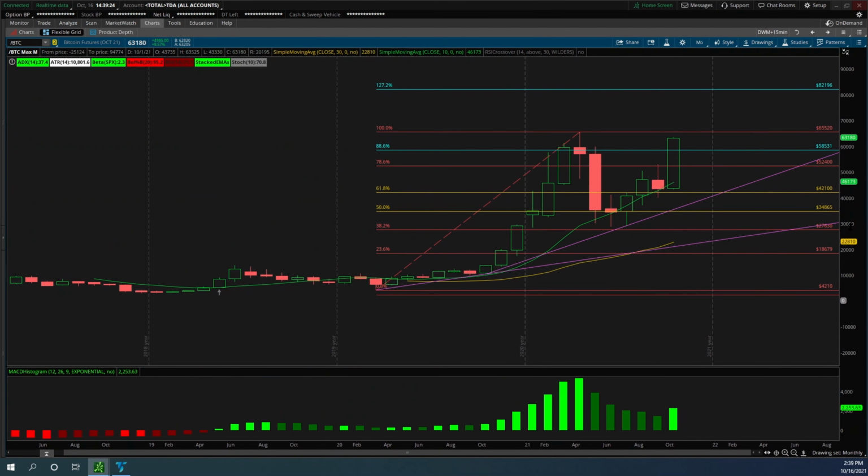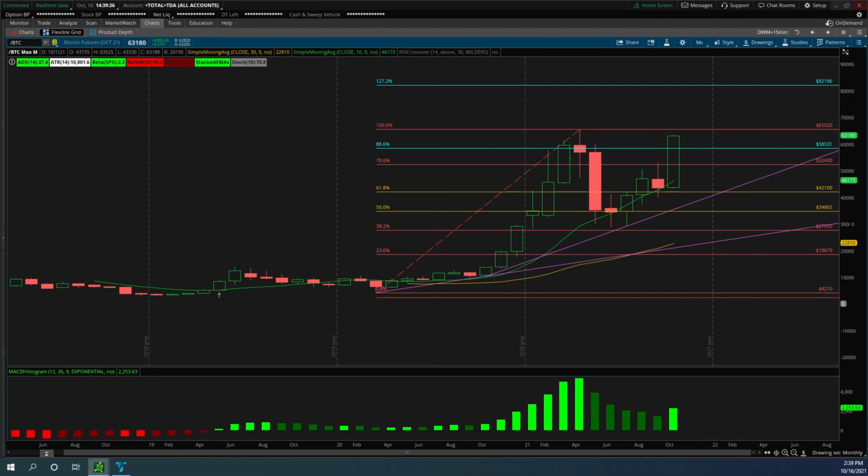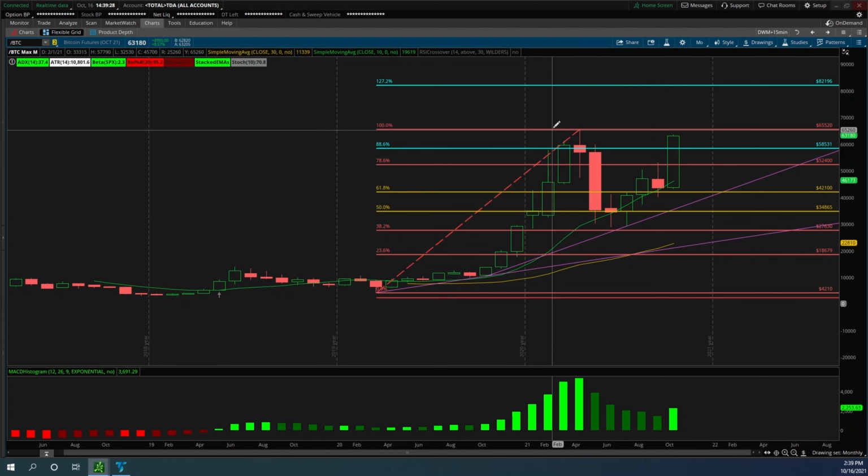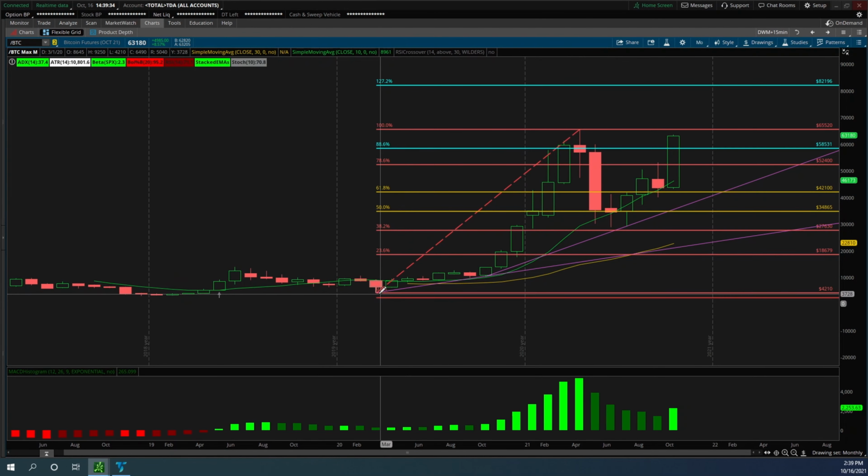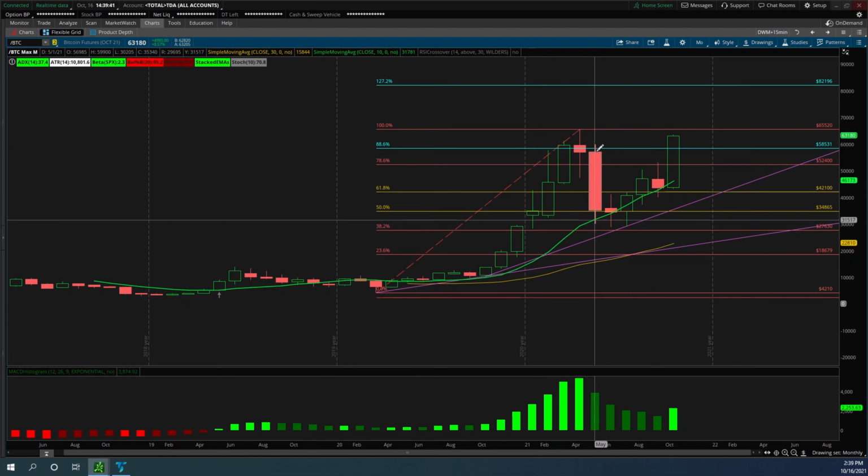So I do have a Fibonacci retracement, or actually the extension. The retracements were here to the 50% from this low on March all the way through this high in April, right?